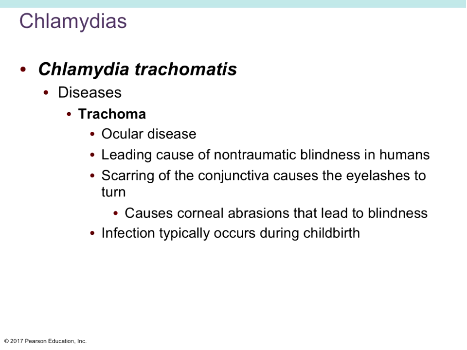So instead of your pretty Betty Boop eyelashes turning out, the conjunctiva is infected and inflamed, and so the eyelashes are going to turn in. And as they turn in, they scratch the cornea, that clear outer surface of the eye. So as it's scratching that cornea, it can lead to blindness.